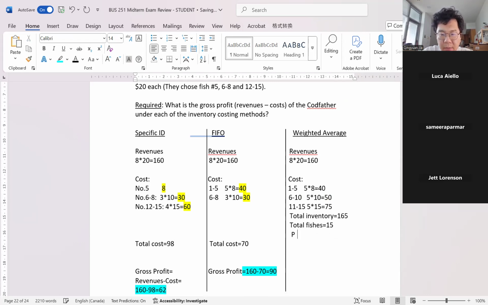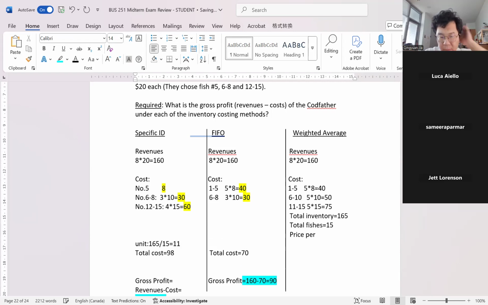Price per unit: $165 divided by 15, and then we have 11.